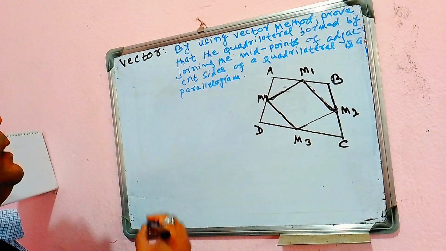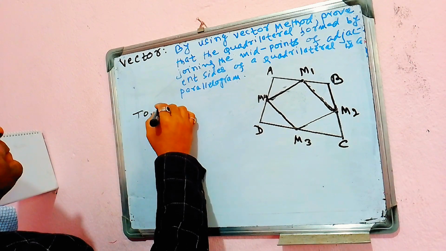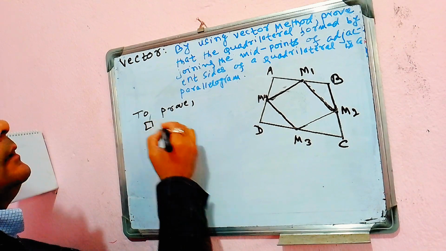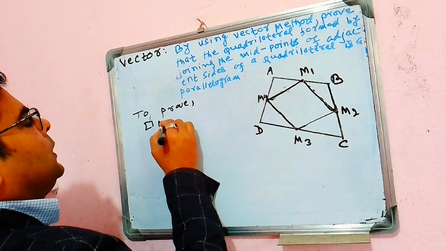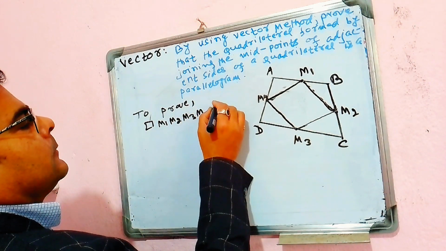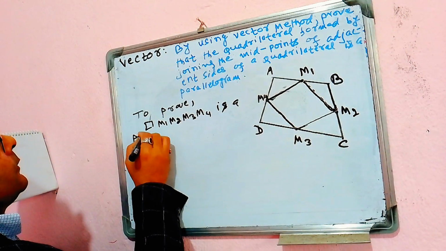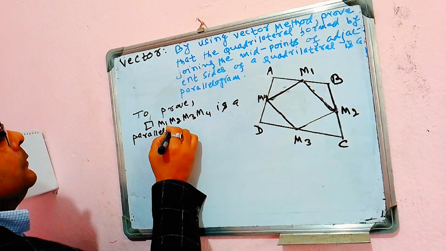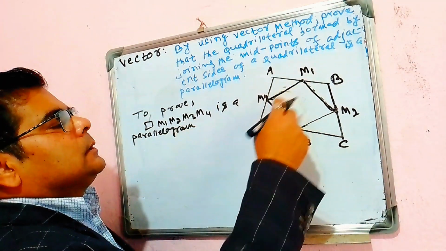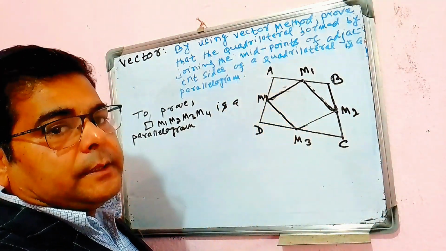What you have to prove is that the quadrilateral M1 M2 M3 M4 is a parallelogram.